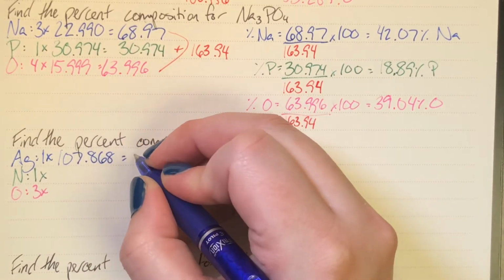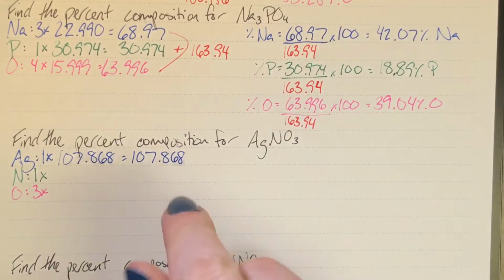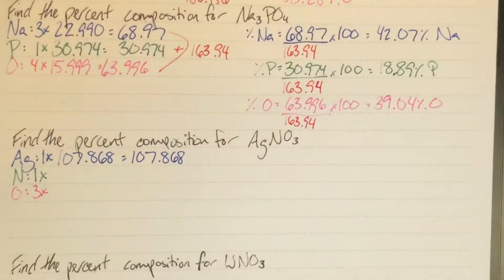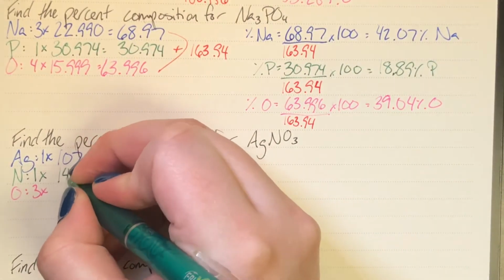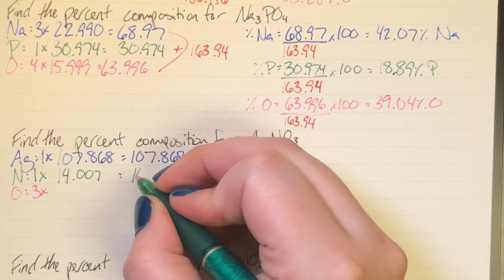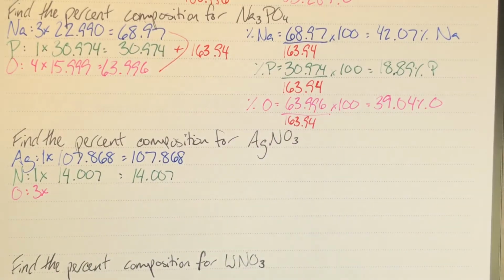One times any number is going to be that number, so 107.868 is silver's portion. Nitrogen's mass from the periodic table is 14.007. And 1 times any number, so 14.007 is again nitrogen's portion.